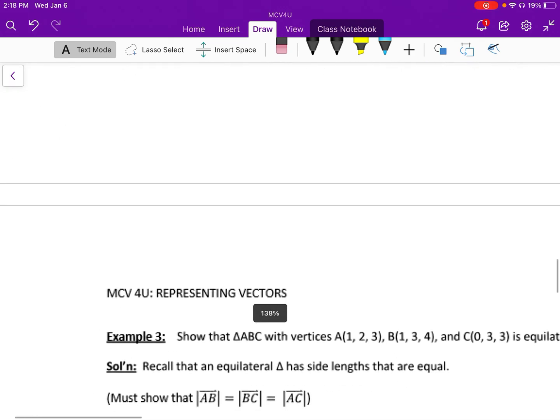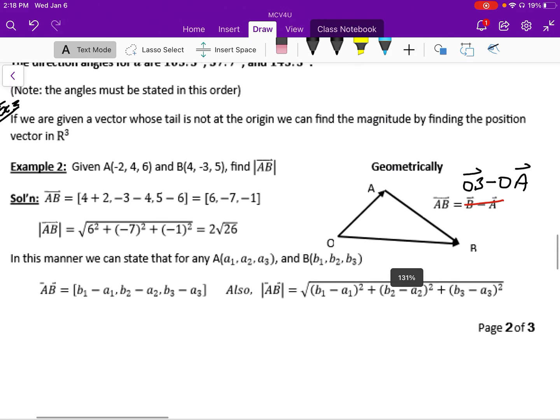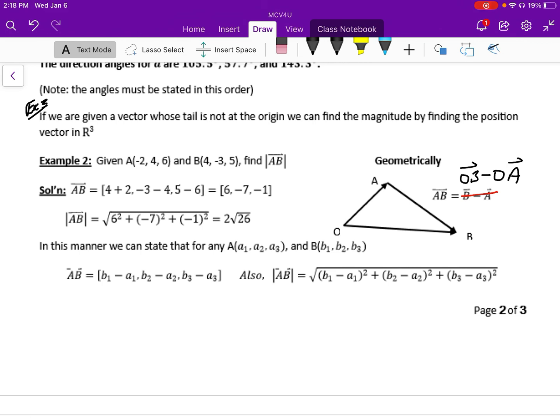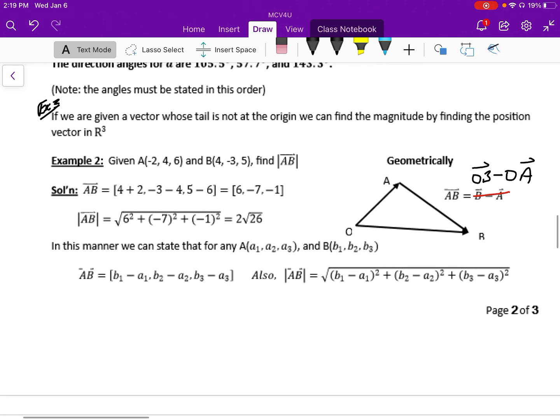The other things, the last couple of examples here, just show things that you should be able to do, and I'll just talk through this example here, because if you're not given the vector at the origin, you find the position vector.